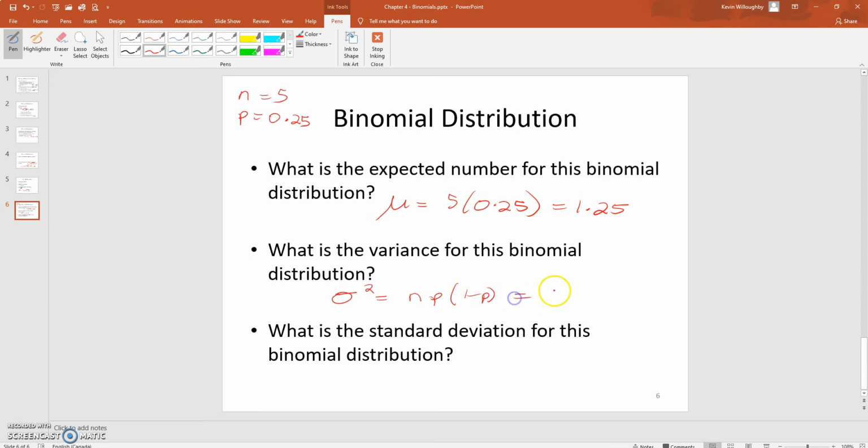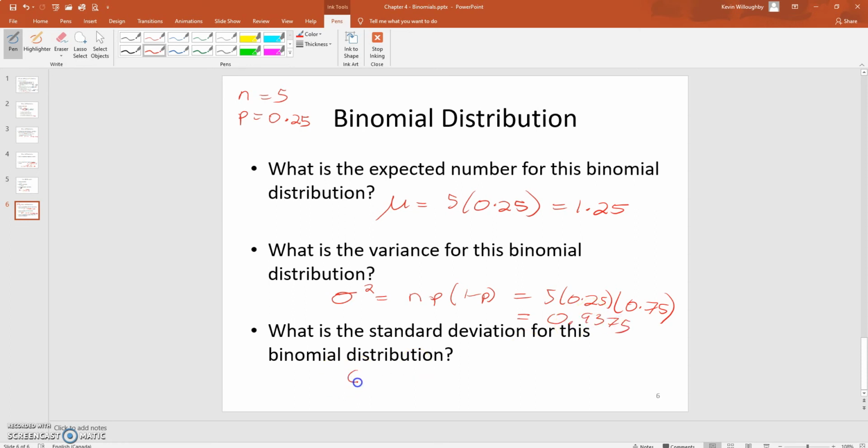So in this case, we're going to have 5 times 0.25 times 0.75, which equals 0.9375.